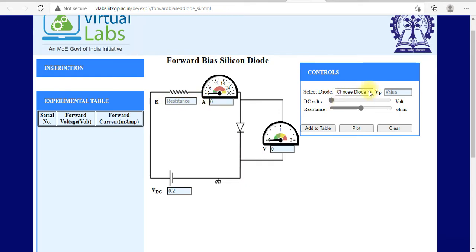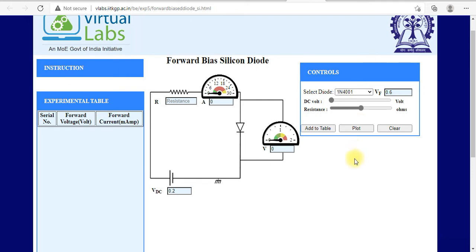We choose 1N4007. This forward voltage is 0.6. If we choose this one, it is 0.5, and this is 0.62.